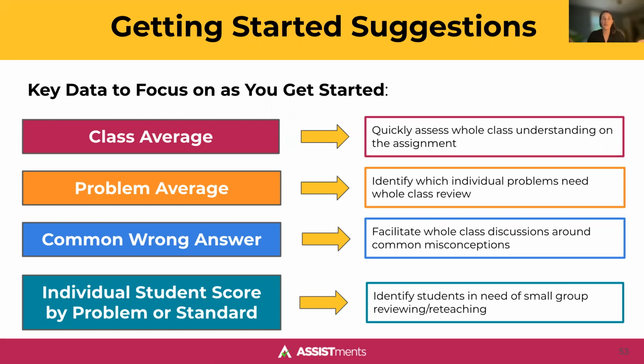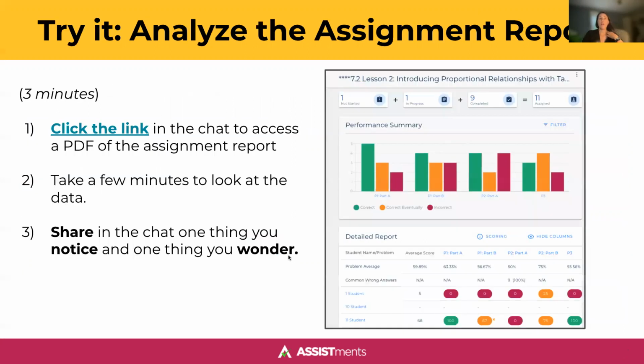That's the old way I used to do it, at least. The common wrong answers can facilitate whole class discussions around common misconceptions and get those cleared up. And then the individual student score by problem or standard will help you identify students in need of small group reviewing or reteaching.